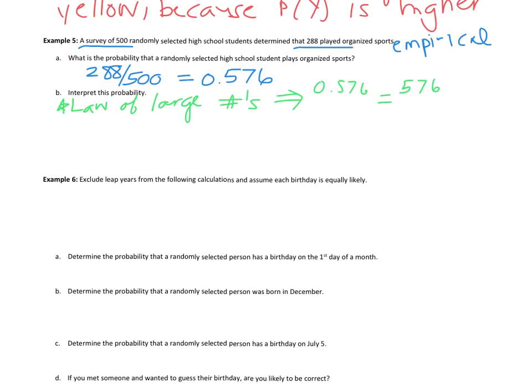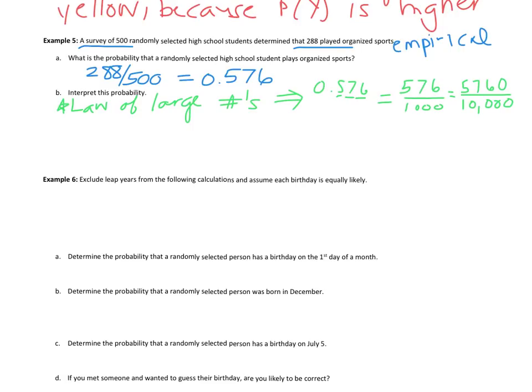So 1, 2, 3 decimal places, that's 1, 2, 3 zeros. So we can do this. So we could say that we surveyed 1,000 students. You can even make it bigger by multiplying top and bottom by 10. So now you're sampling 10,000 high school students.